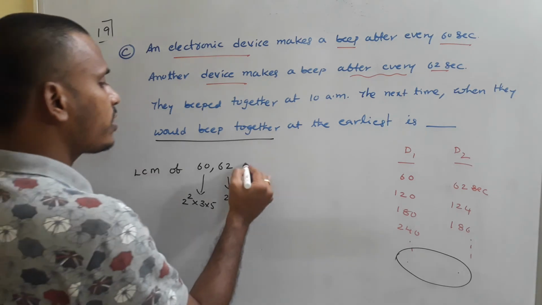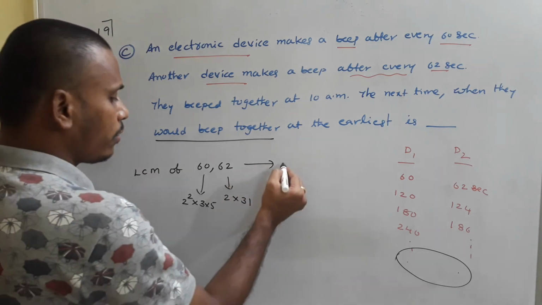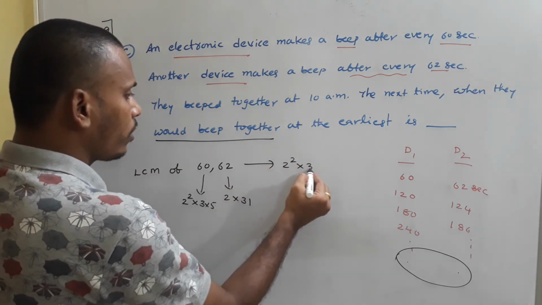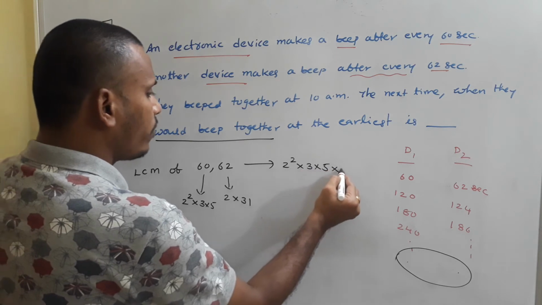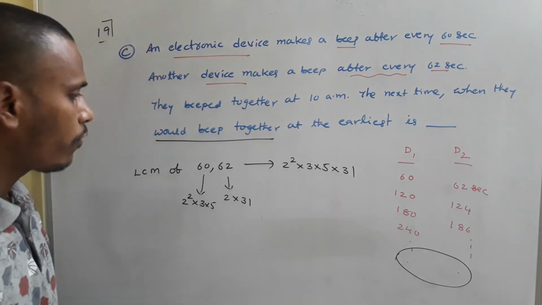So the LCM of these numbers is 2 square into 3 into 5 into 31.